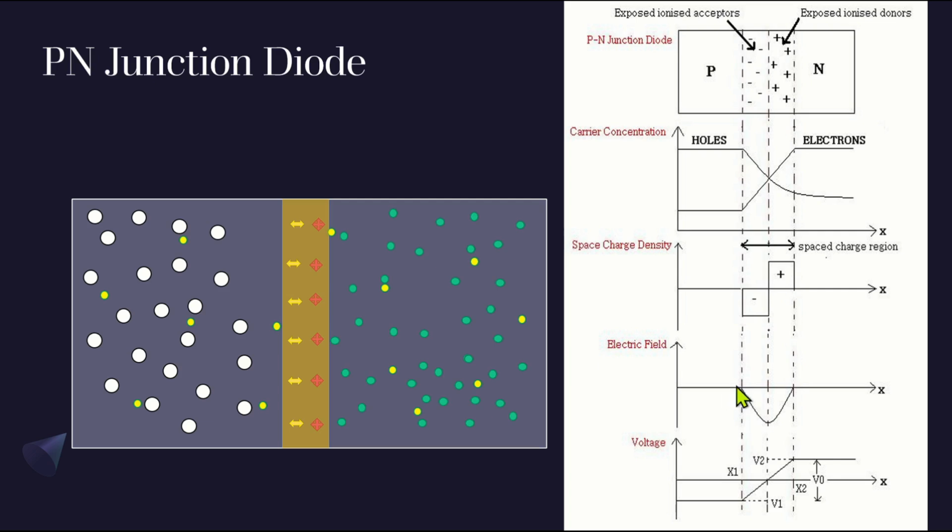That is why we have it in a negative direction, and this represents the electric field, and this value is given as 0.7 for silicon and 0.3 for germanium semiconductors. Similarly, the voltage will be given in this format: it is negative on the P side and positive on the N side. So these are the various properties of the depletion region as we have discussed in this slide.